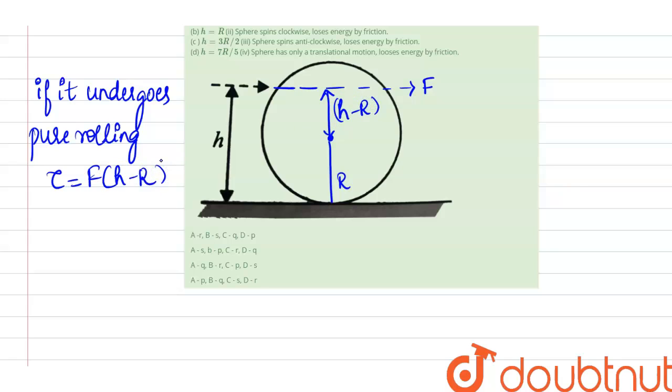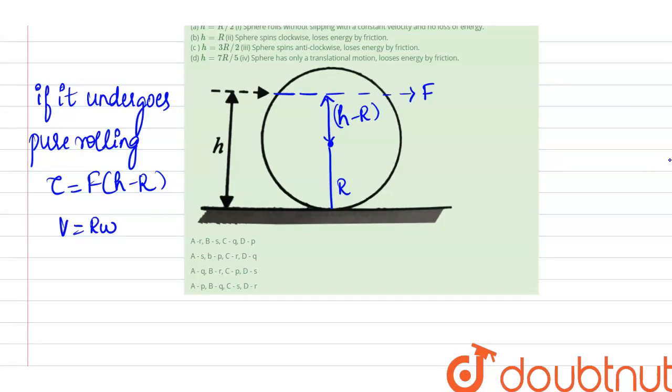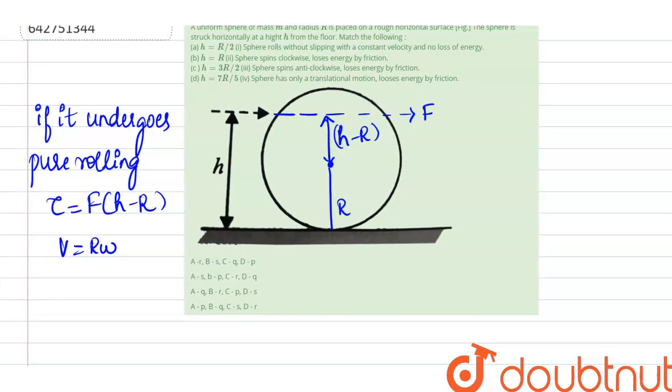So torque will be provided by this. If it is undergoing pure rolling, then v should be equal to r omega. What will happen if I apply force at the top, that is when h is exactly equal to 2r? Then it will be F into r. So what will happen in that case?